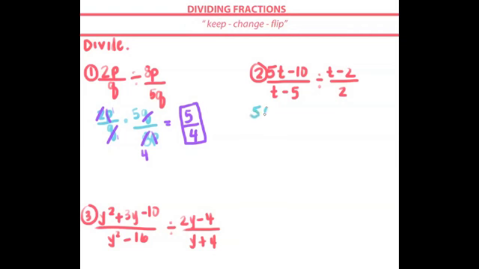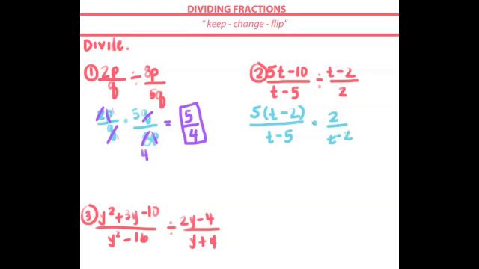So you pull out a 5, and what's left is t minus 2. Looking at its bottom, there's nothing to factor there. It's just a t minus 5, so I'm just going to rewrite it. So I've kept the first fraction except factored. I'm going to change the division to multiplication, and then looking at this last fraction, there's nothing really to factor there. So let's flip it.